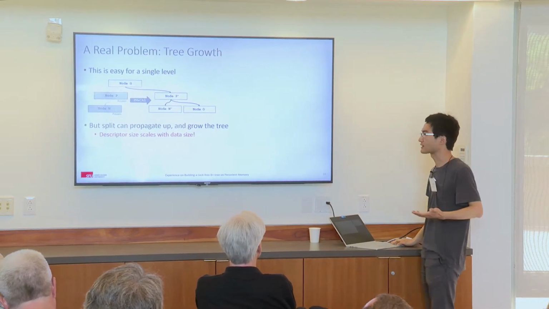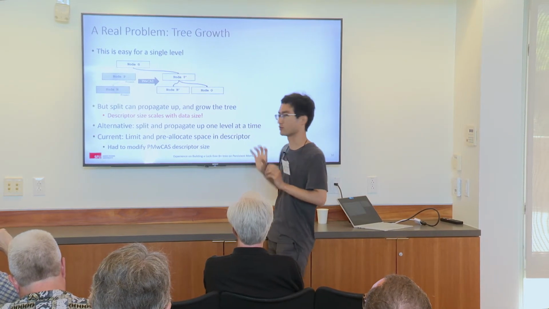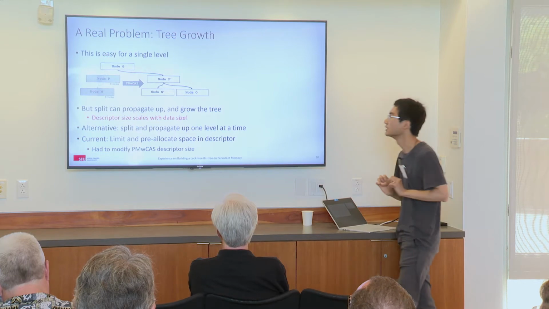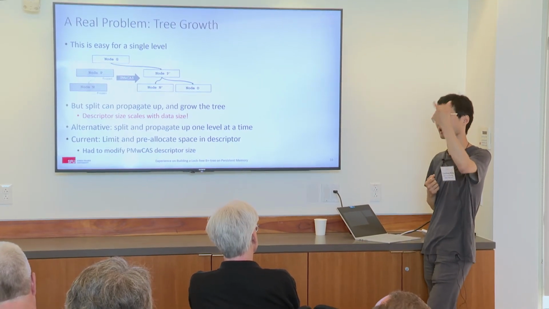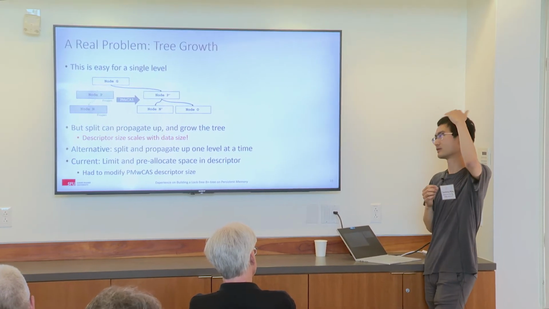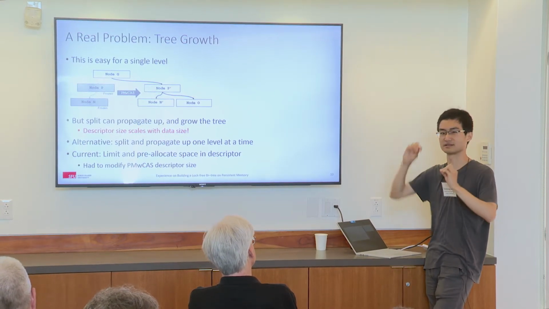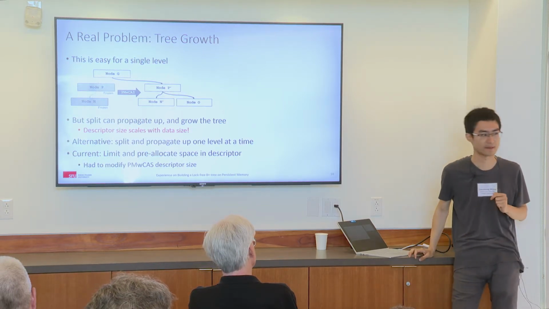But you could actually do it because one alternative is to split and propagate one level up at a time, right? So you only do this one at a time, and then you temporarily allow the parent level to be oversized, and then split it again, up until you propagate to the top level, right?